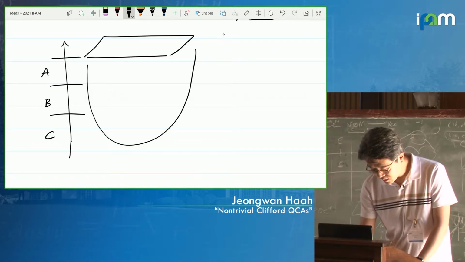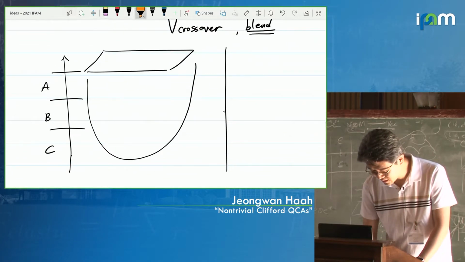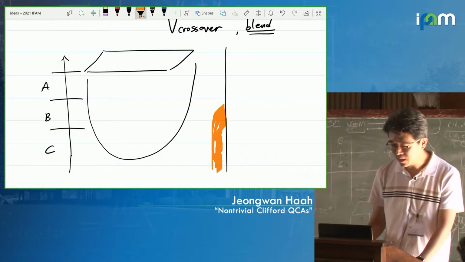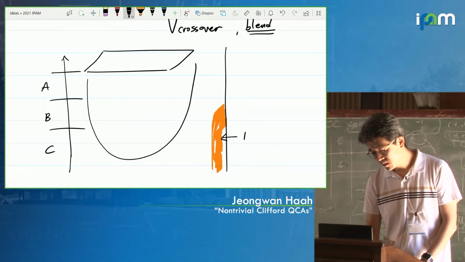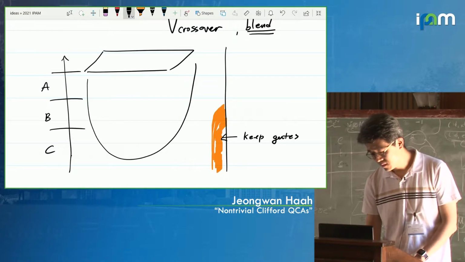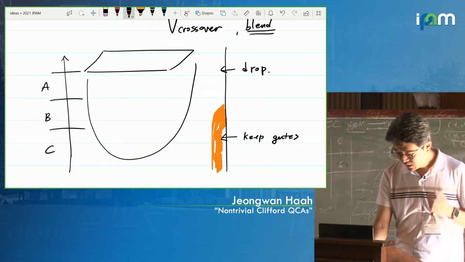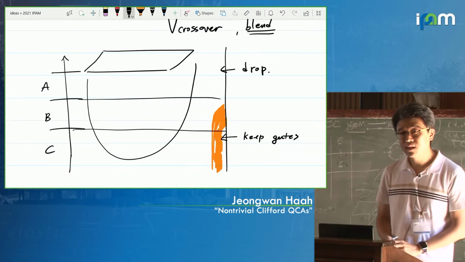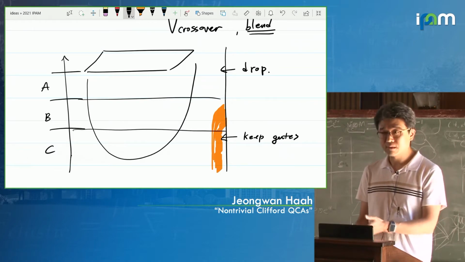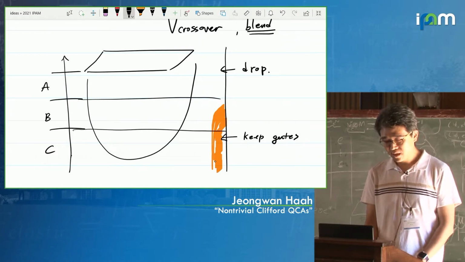So what I'm going to do is make a blend of my disentangling unitary only on this region. So in the quantum circuit picture, I want to keep all the gates here and drop everything there. The height is chosen such that the blending region is contained in B. So the action of my hypothetical disentangling circuit is what I assumed in C. In A, it does nothing.